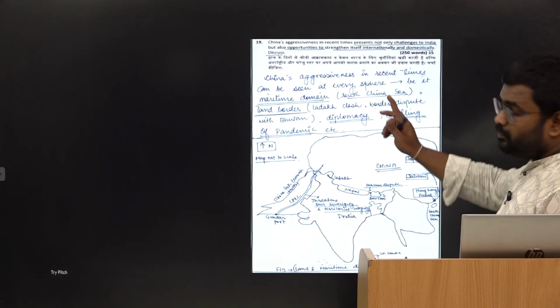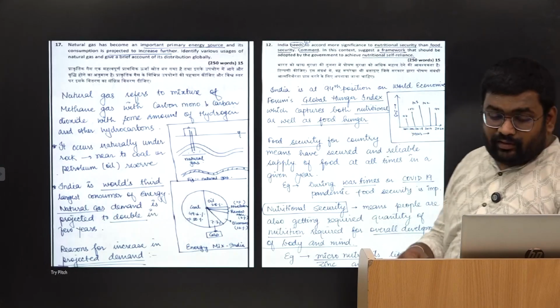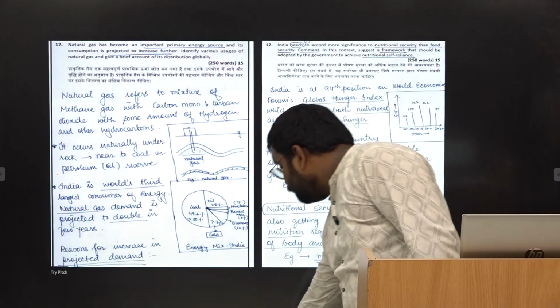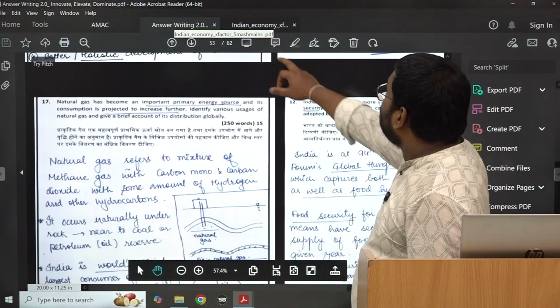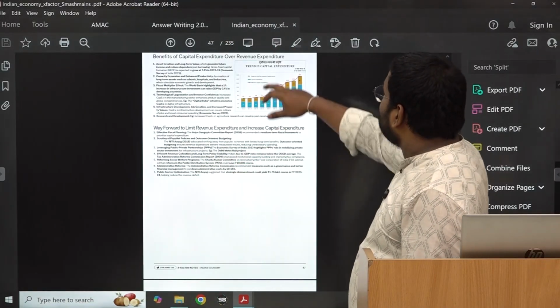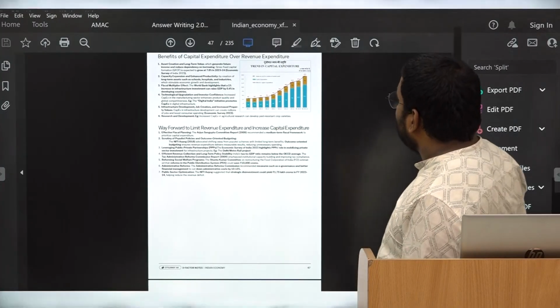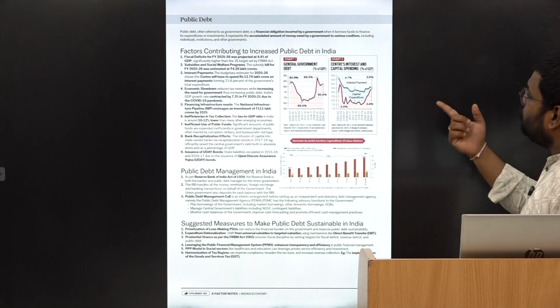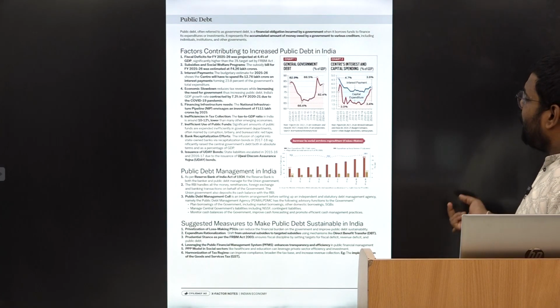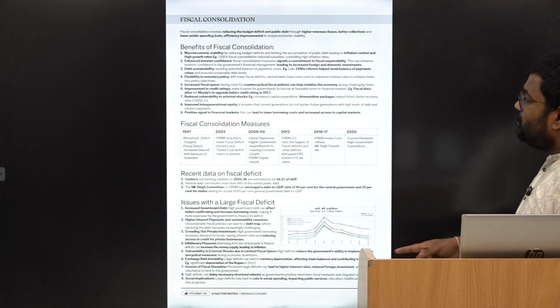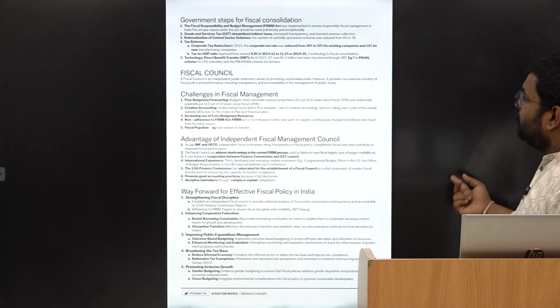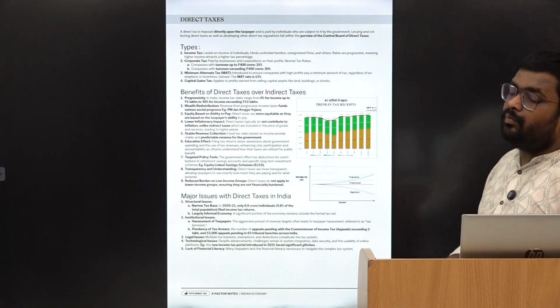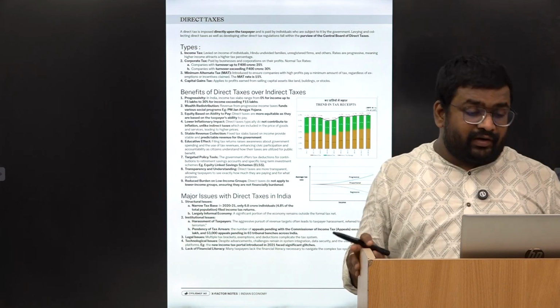Then precisely to bring this aspect into your answers in every topic of the economy or internal security, what we have tried is to incorporate such kind of graphs. If you see, this was on the budget, so public debt, then again with respect to the fiscal deficit, these were taken directly from the budget document.